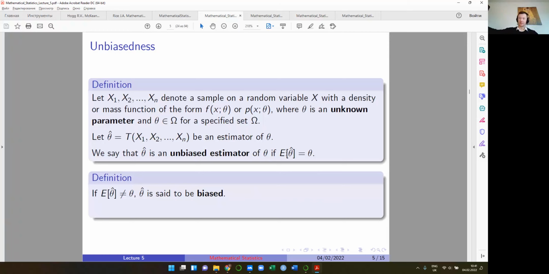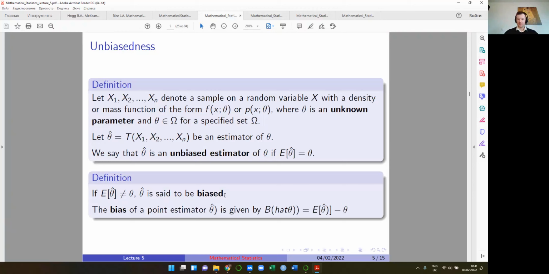So the center of your expectation is shifted or moved from the center. The illustration is on the next slide.